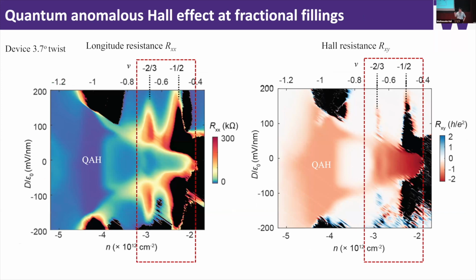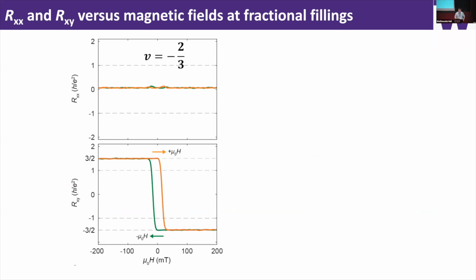So now we're going to look at these fractional fillings. Let's look at the -2/3 filling. At the bottom is the measurement of Rxy by cycling the magnetic field, and the top is the associated Rxx. You can see that Rxy is quantized at 3/2 of h/e², with suppressed Rxx at zero magnetic field.